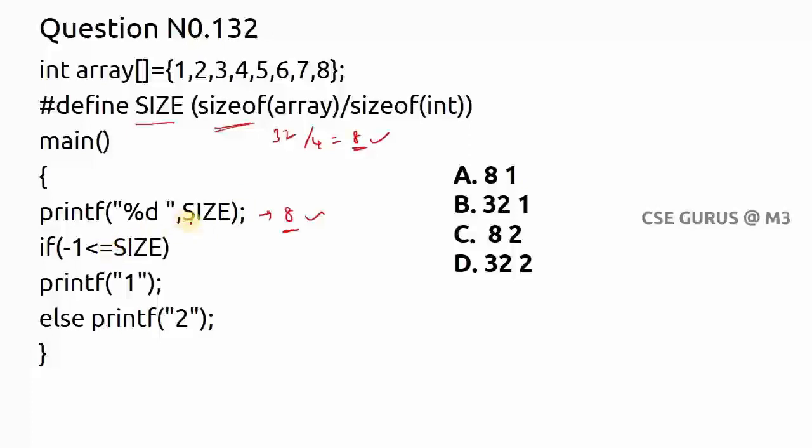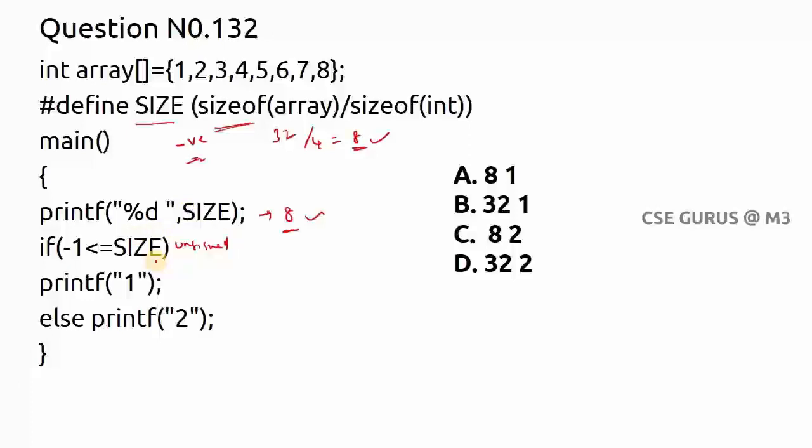That is, if you take the size of any variable or array or whatever it may be, size is always a positive number. Is it right? Never will the size value be negative. So that's why it takes the value of size as an unsigned integer value.